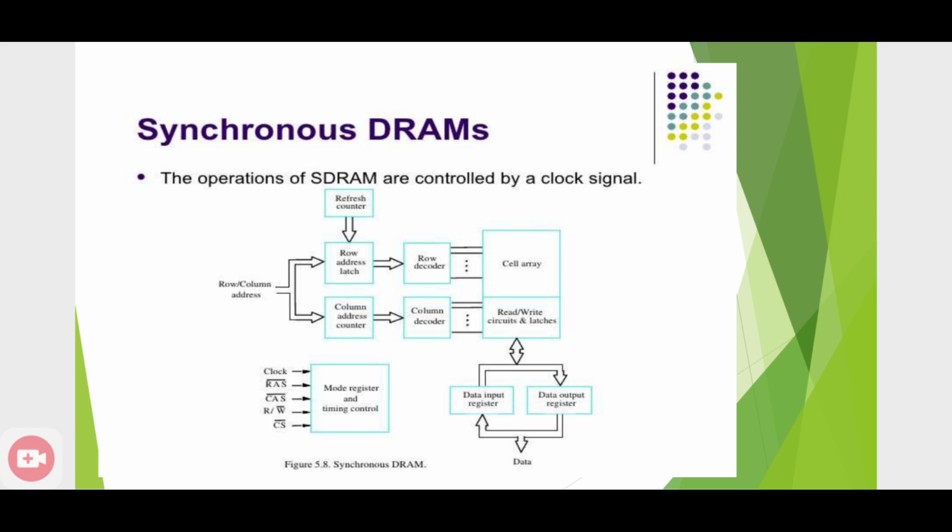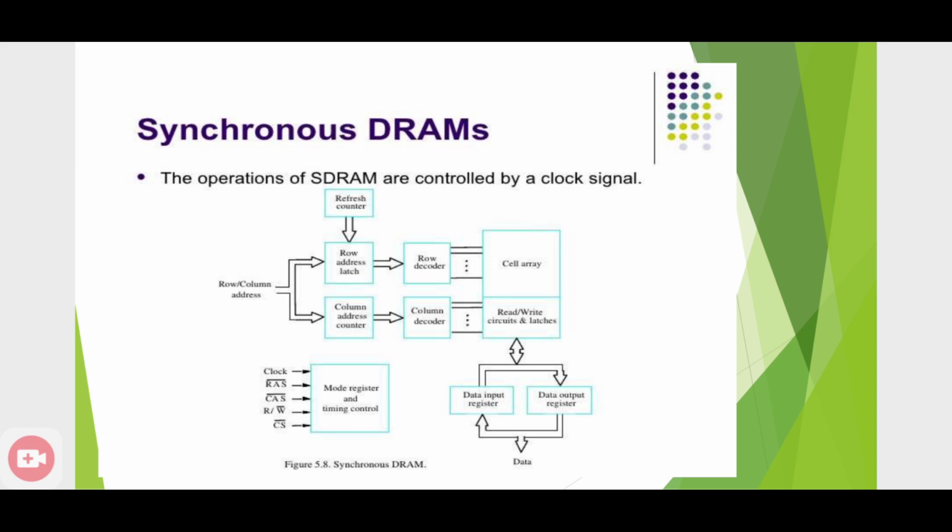What are static RAM, static memories, then what are dynamic memories, dynamic RAM, and what are the classifications of dynamic RAM. First one is asynchronous DRAM and the other one is synchronous DRAM. All these were discussed in the previous class. So here we can discuss synchronous DRAM.